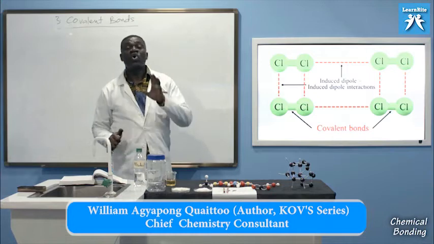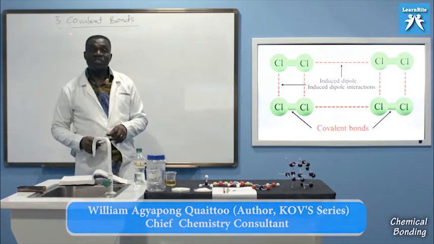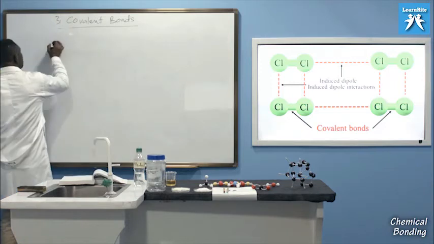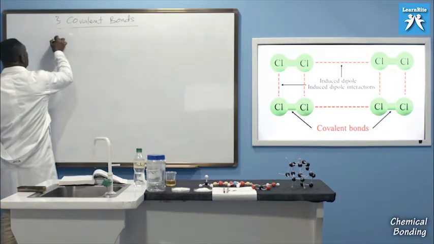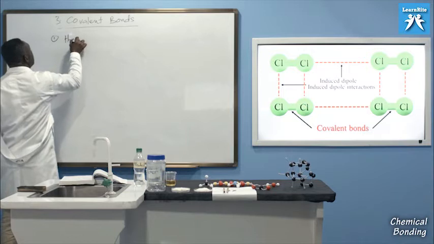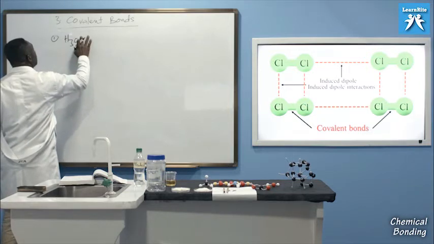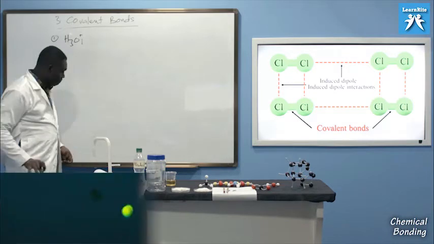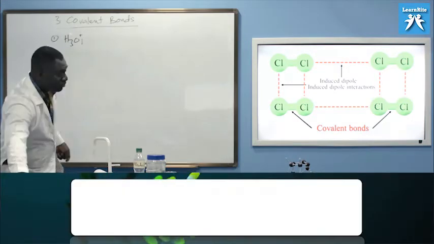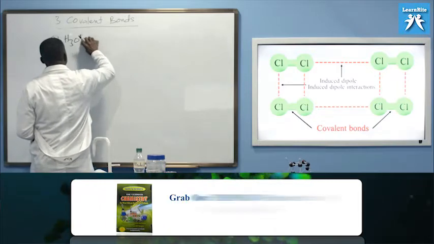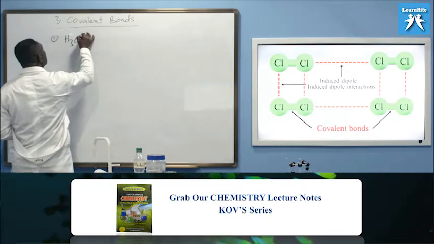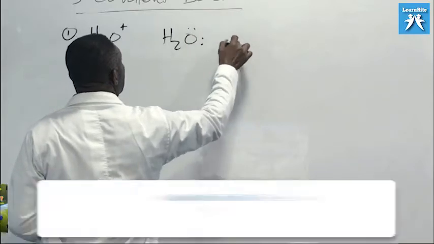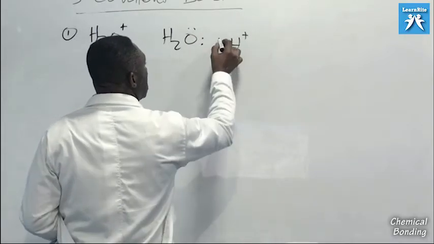And I've given you examples of molecules where we have dative covalent bonding. So the examples we gave were, one, hydronium, where we have the bond between water and hydrogen ion.